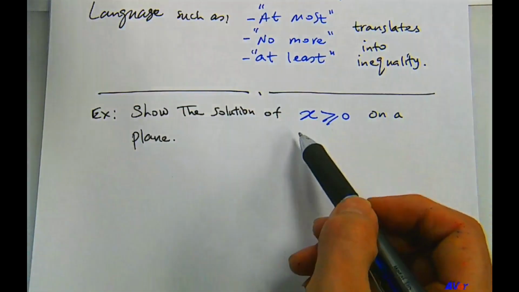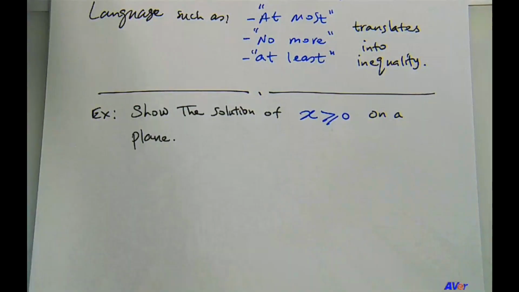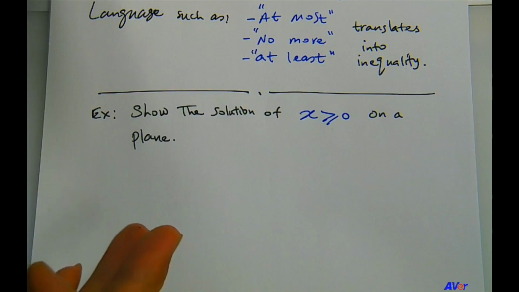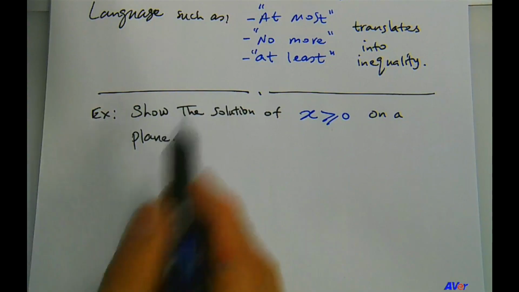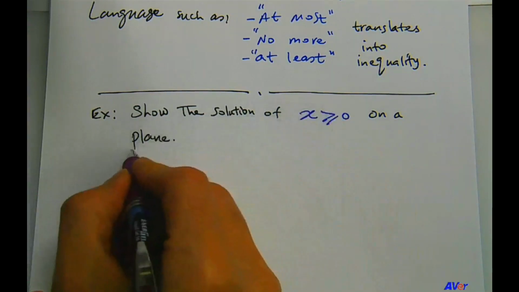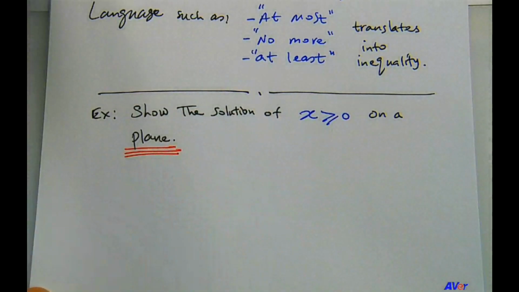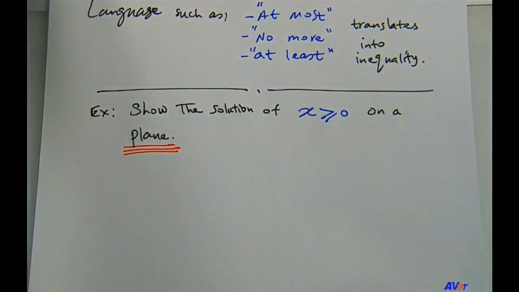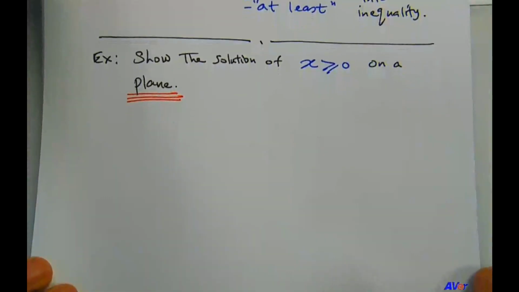If you were to show the solution of this along the real number line, it would be something like a bracket that goes through 0, including the 0, and all the way to positive infinity. But that's not what we're talking about here. We're talking about the solution of this on a plane. So how does that work then? Okay, it works like this.